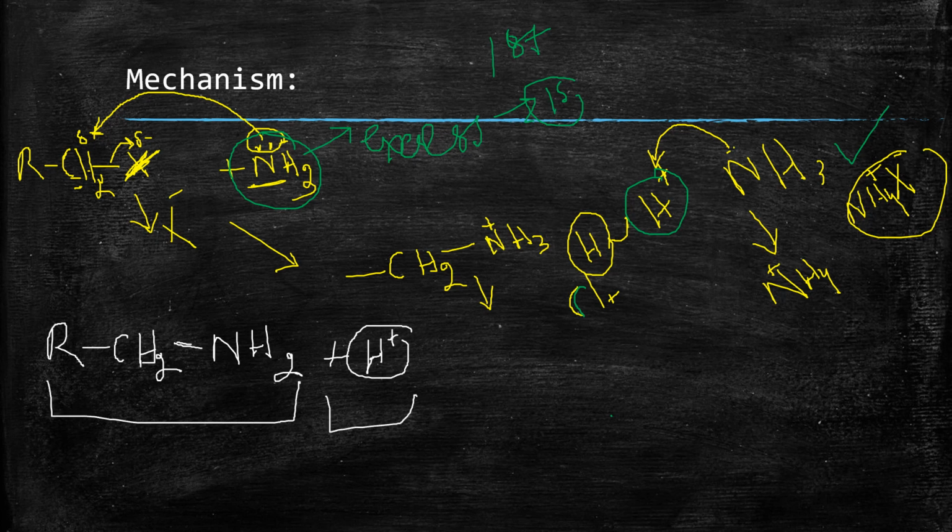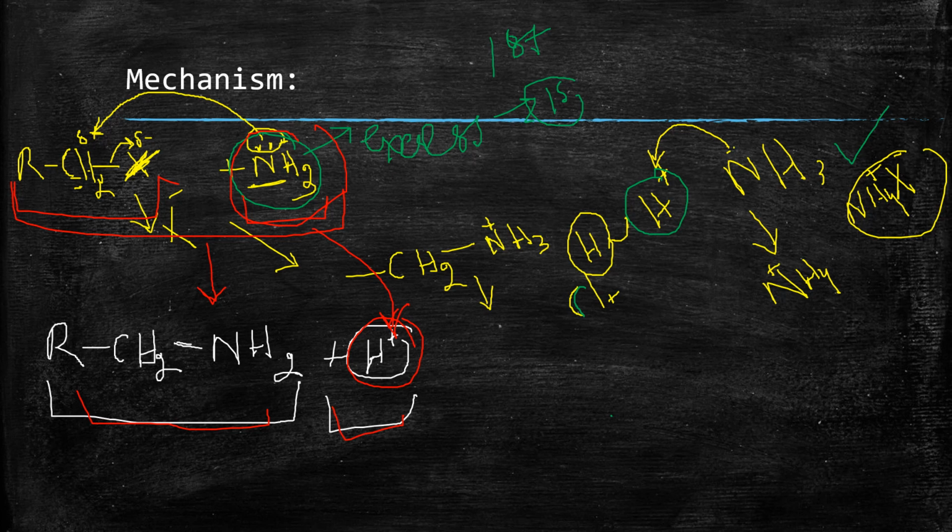Now if we see the reactants and the products that are formed, we have this as reactant and this as reactant, and this as product and this as product. What happens is that this ammonia is helping in removing this H positive. So as per Le Chatelier's principle, the reaction will continue in the direction in which more and more H positive will be formed because it is being removed from the reaction, right?